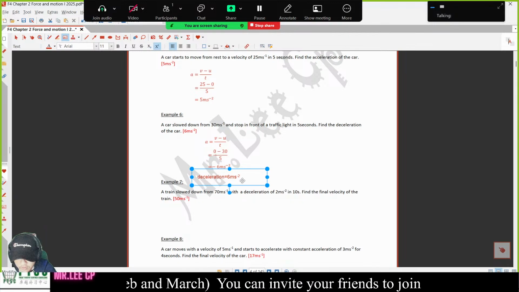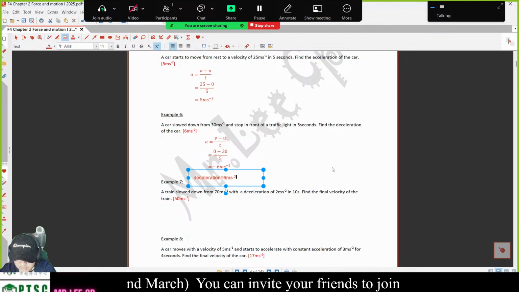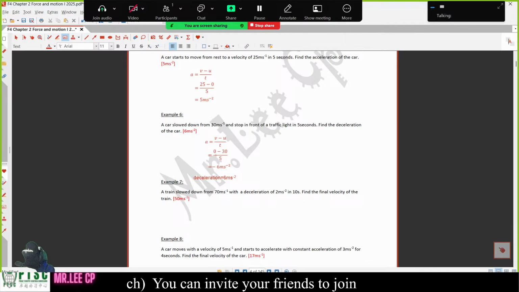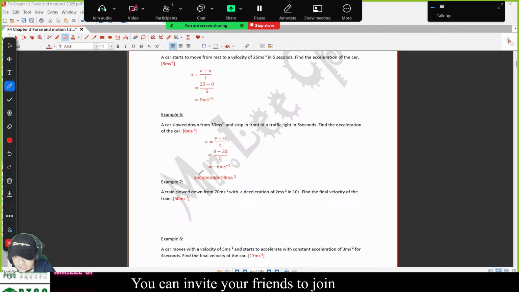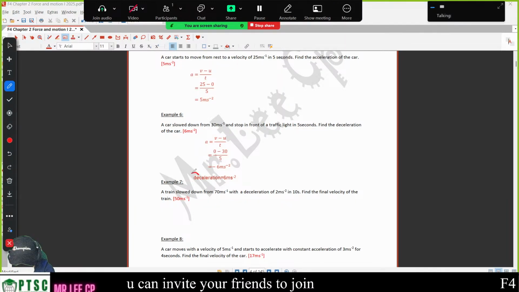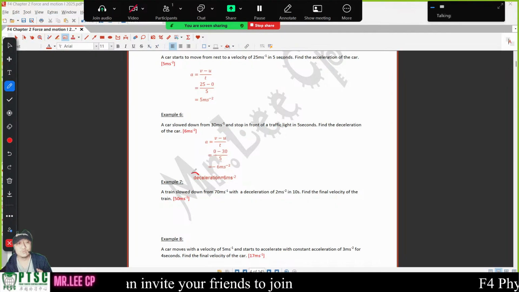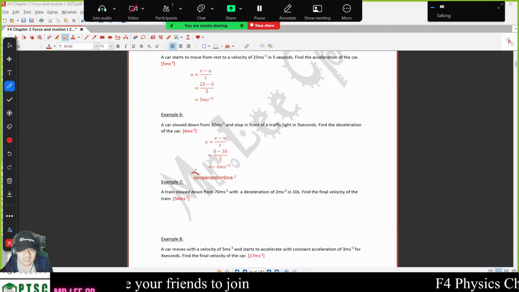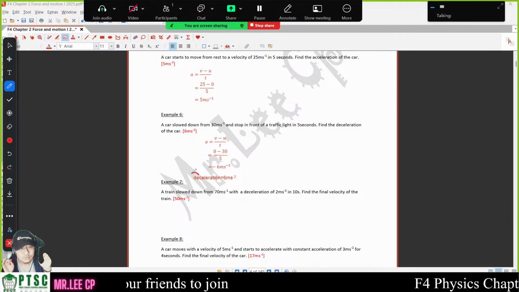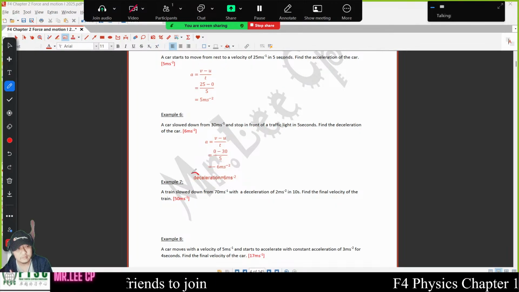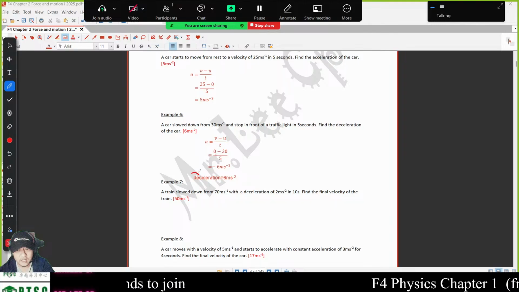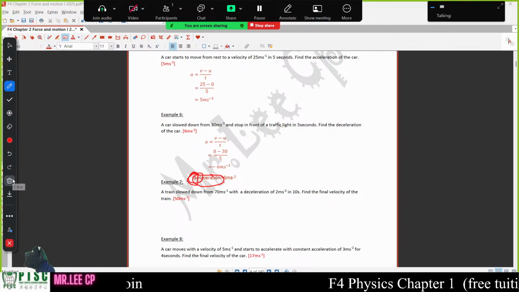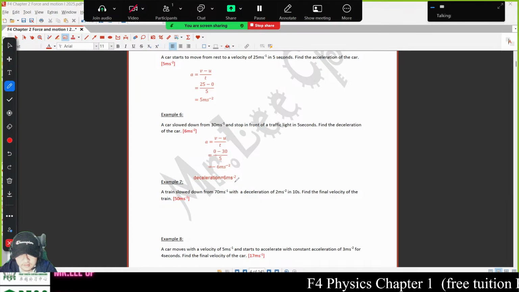We don't have any formula for deceleration, but we know that the negative of the acceleration is deceleration. Acceleration sounds like woo. Deceleration sounds like woo, stop, slow down, right? A decrease in acceleration. Deceleration is 6.